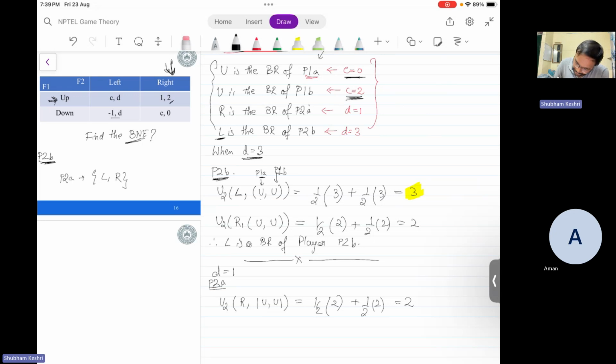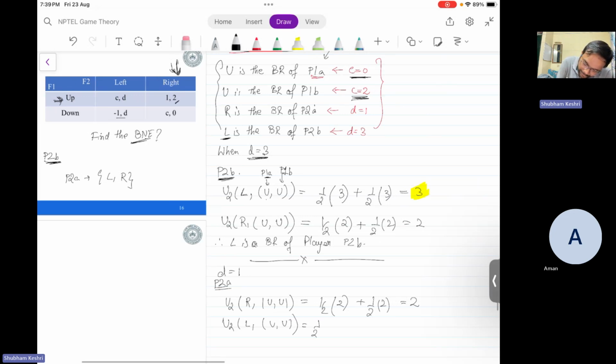Again, when player 2 is playing L, this is 2A, and player 1 is playing U, half of the time he'll get a utility of D. You see, when player 2A is playing L and player 1A is playing U, he will get D, which is 1. And again, he will get D. You can just check. So he's getting a utility of 1.